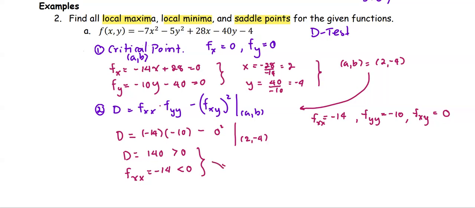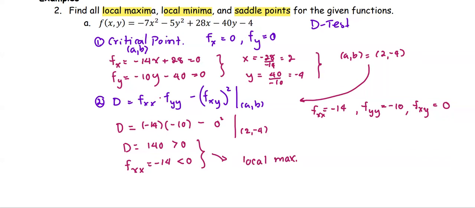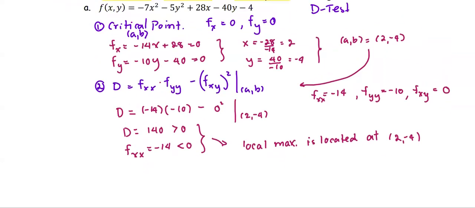So in this case, the critical point gives you the local maximum. So we can say that the local maximum is located at (2, -4).